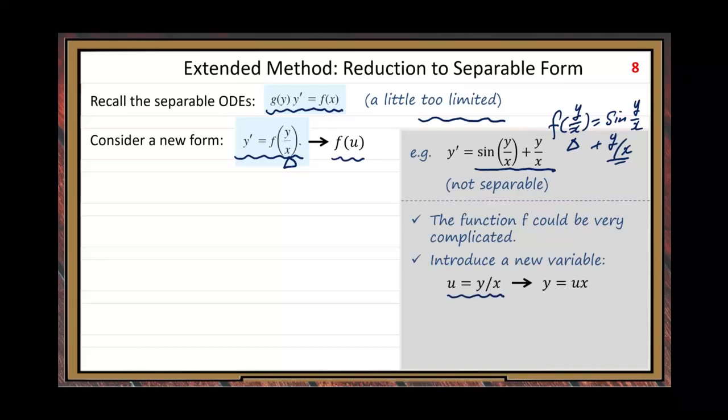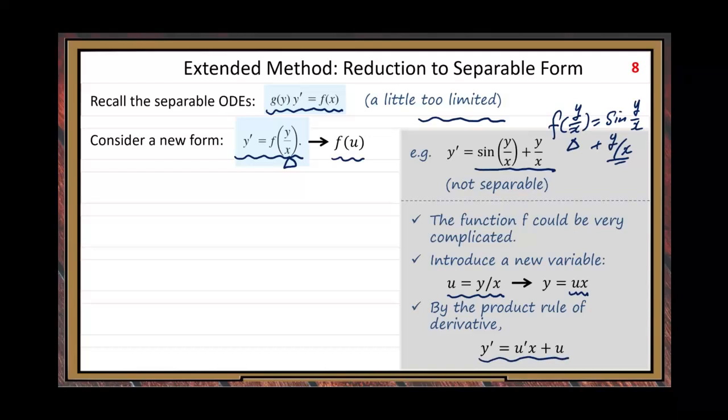So it is a product of two variables. When we take y prime, we can use the product rule of the derivative. So y prime equals u prime times x plus u.